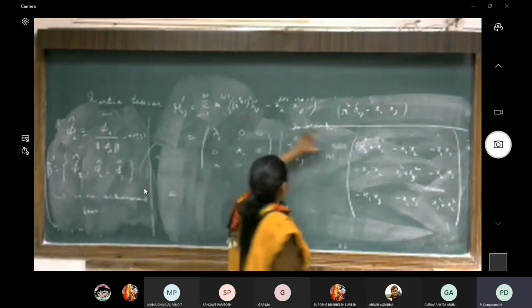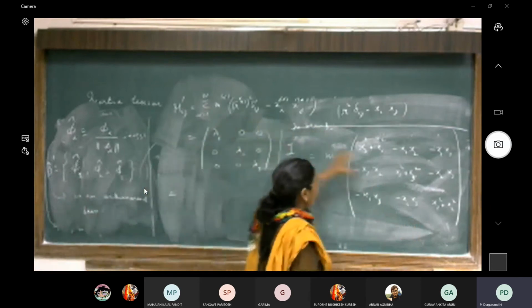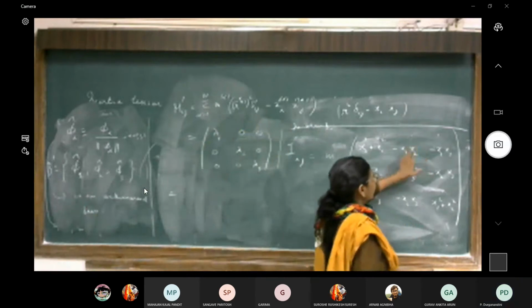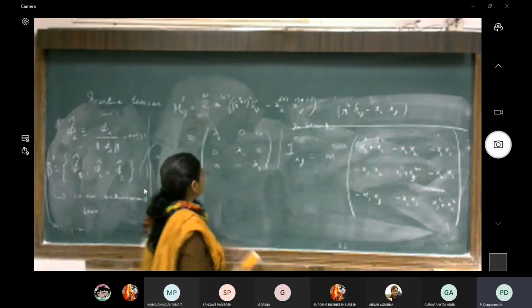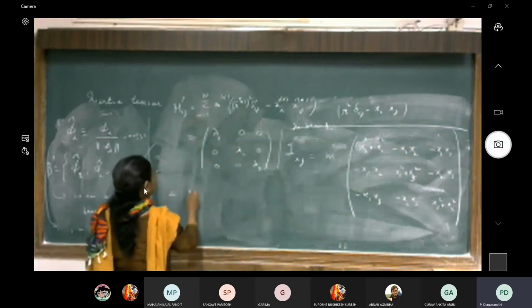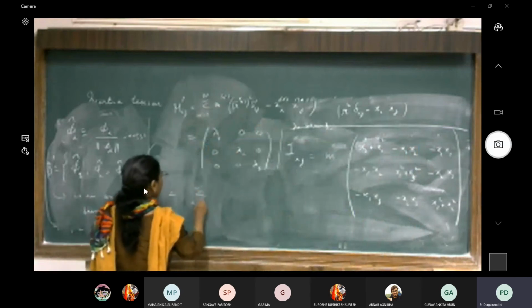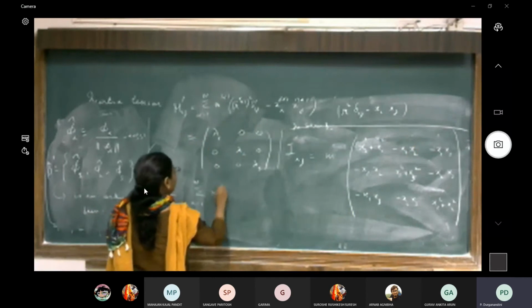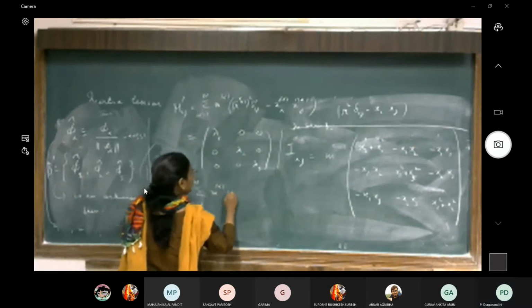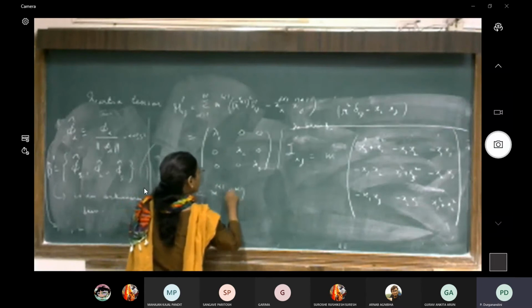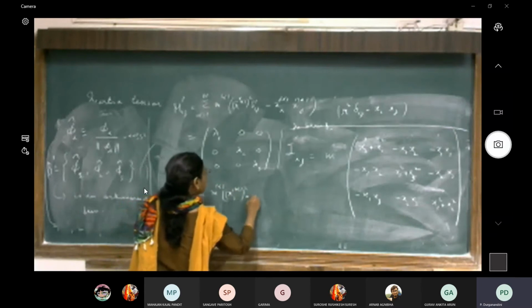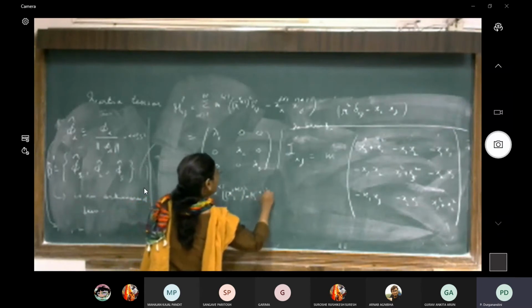But what it tells me is that because my matrix has become diagonal, all these off-diagonal terms become 0. That means, please remember that I have now summed over all of this. So all I can get is, I'm just going to write this in the following way: sum over alpha equal to 1 to N of m alpha, x2 prime alpha square plus x3 prime alpha square.